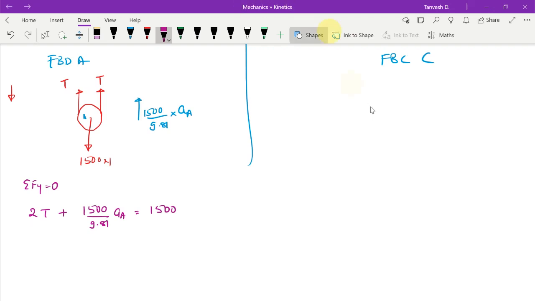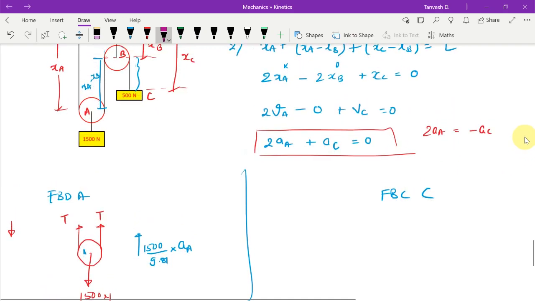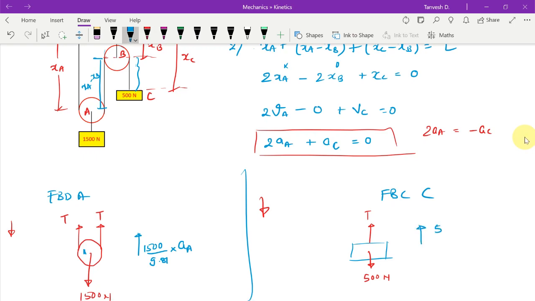Let us see what we get from the FBD of C. So we have this block C here, which has a tension T, only one tension that way, and its weight which is 500 newtons. Since we are assuming that this block is also moving downwards, its inertial force will also be upwards, which is 500 divided by 9.81 into aC.